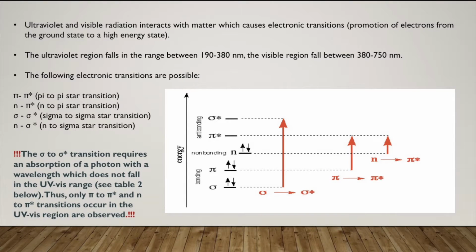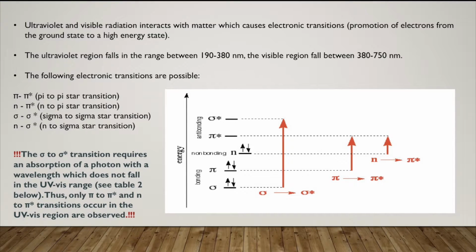The third one is sigma to sigma star, and the last one is n to sigma star. Take note that the sigma to sigma star transition requires absorption of a photon with a wavelength which does not fall in the UV-Vis range. Thus, only pi to pi star and n to pi star transitions occur in the UV-Vis region and can be observed.